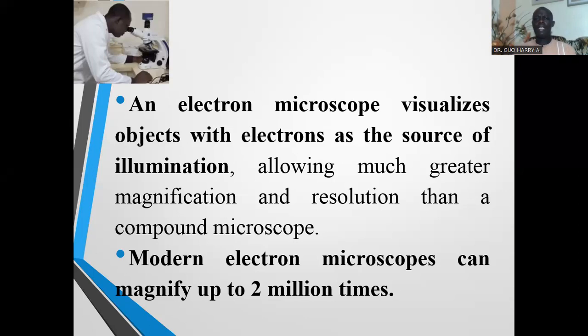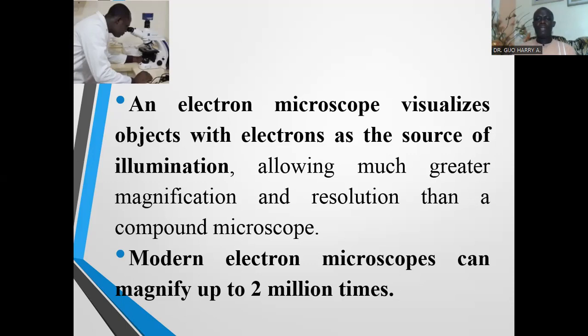Instead of using light, the electron microscopes utilize electrons to view objects and produce images that are clearly visible. The microscopic organisms are magnified in this form.